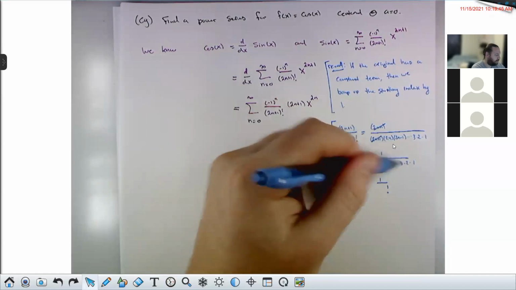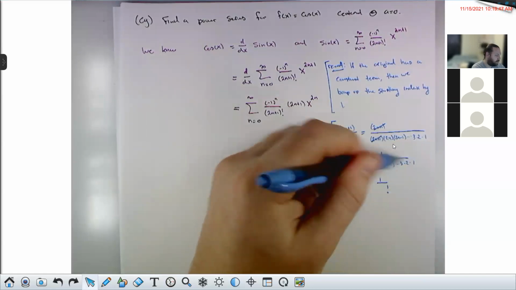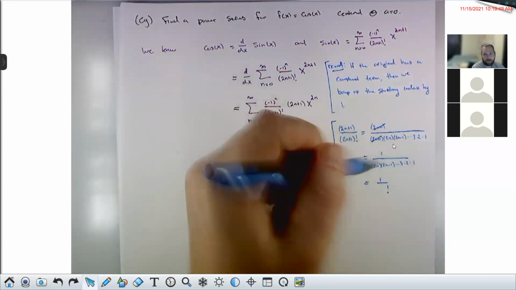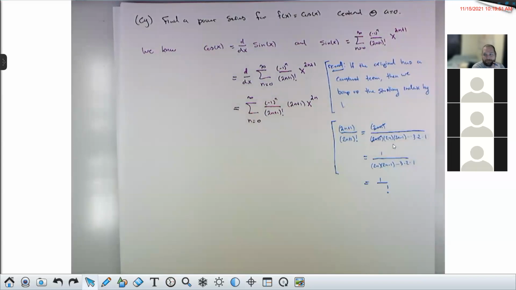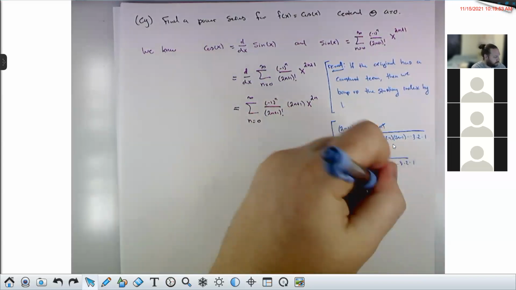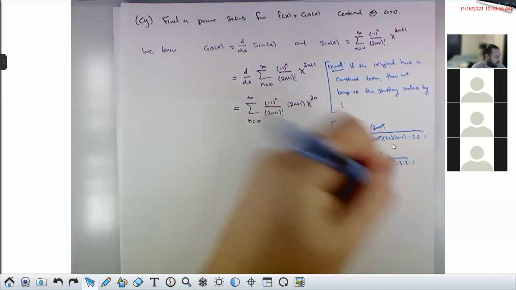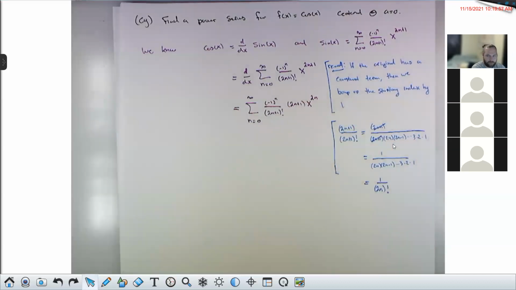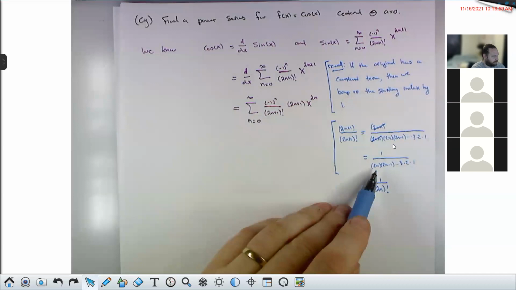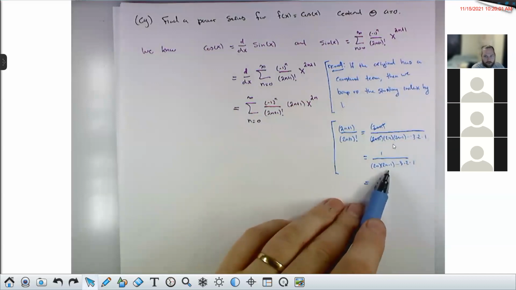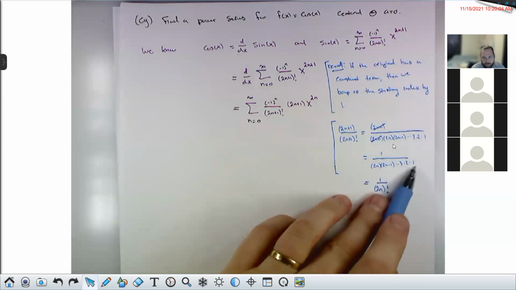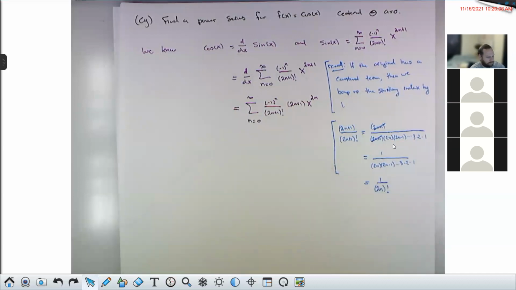The downstairs here is the factorial of what? 2n, just 2n, very good. And it's parentheses 2n, all factorial, right? It's 2n times the thing 1 smaller than 2n. It's the product of all the positive integers less than or equal to 2n.